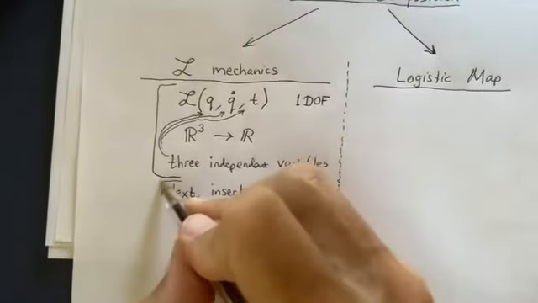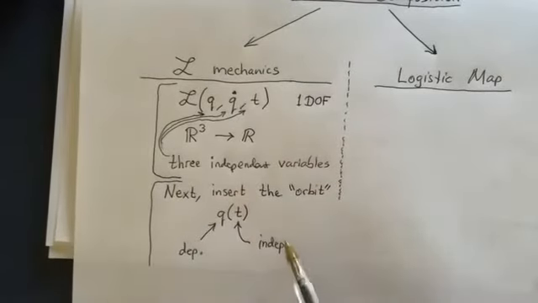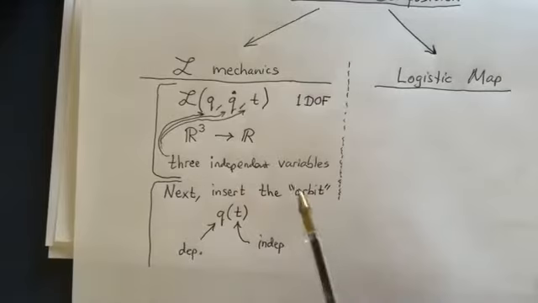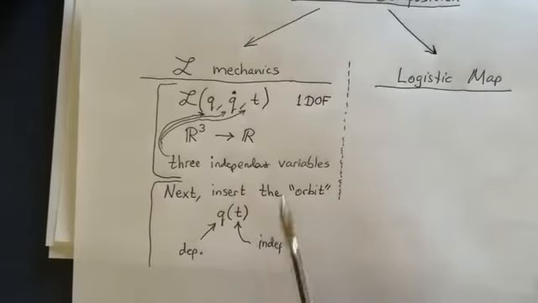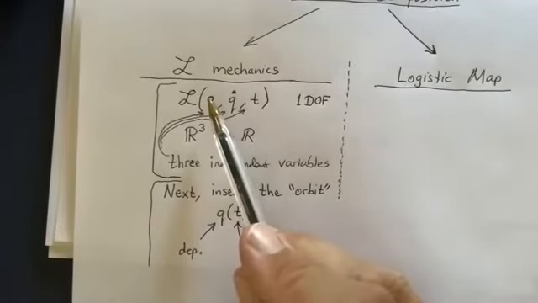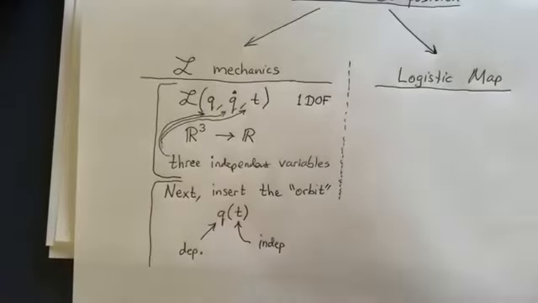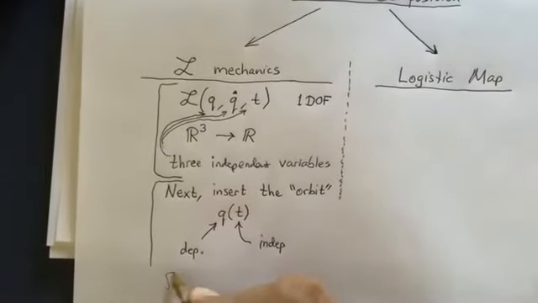All right. So I'm emphasizing here with this bracket structure that this is a separate thought, right? We're going to insert this orbit into the Lagrangian, and now we must insert q of t here, q dot, which now is the derivative, okay? So now we have a function of time.